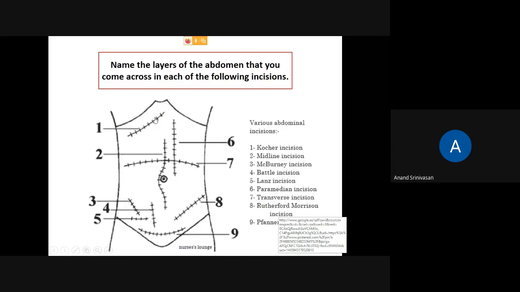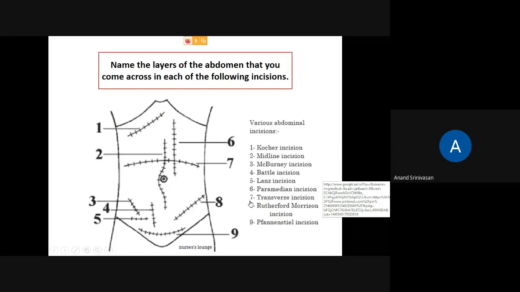The first will be skin, superficial fascia, a small portion of the anterior rectus sheath, and here will be the external oblique muscle. Then internal oblique. So you need to remember the layers of the abdominal wall in each of these incisions. At least remember what is in the medial and paramedian, number 2, number 6.